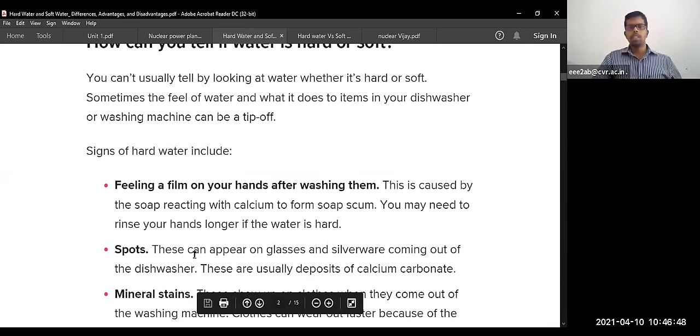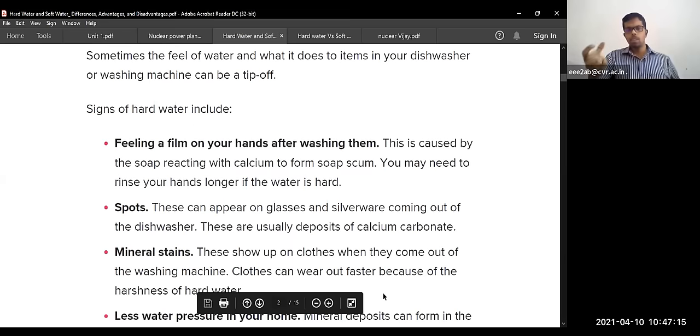If you wash your vehicles, car, glasses with hard water, some spots will appear, and silverware coming out from the dishwasher. After washing the dishes also, you'll get some silverware. These are usually deposits of calcium carbonate. Here in your vessels also you can find these spots.